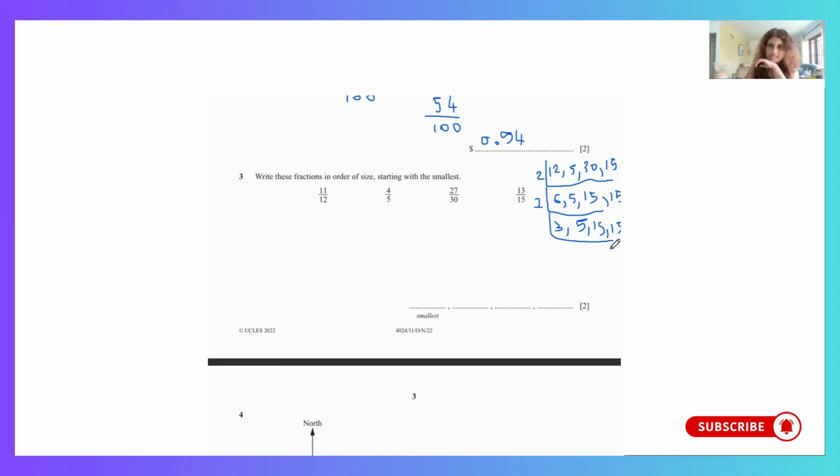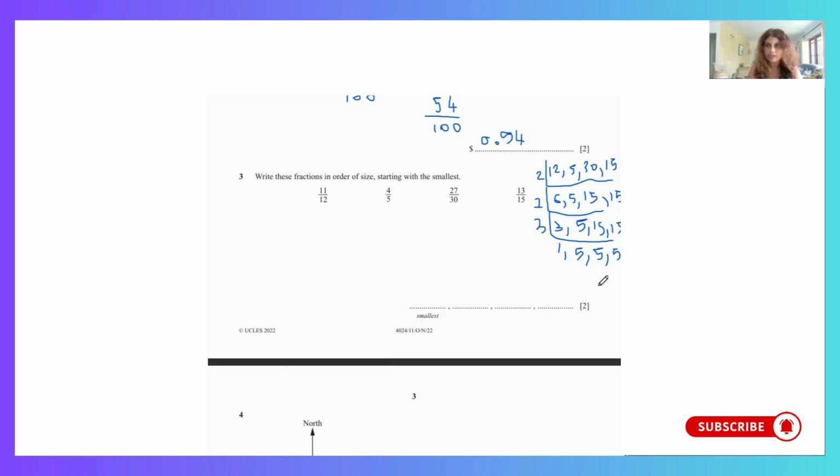As you can see, here we have numbers that are divisible by 3, because 3 and 15 both are divisible by 3. So if I divide 3 by 3, it's 1. 5 is not divisible by 3, so I'll just write it as 5. 15 divided by 3 is 5. And this 15 also divided by 3 gives us 5.